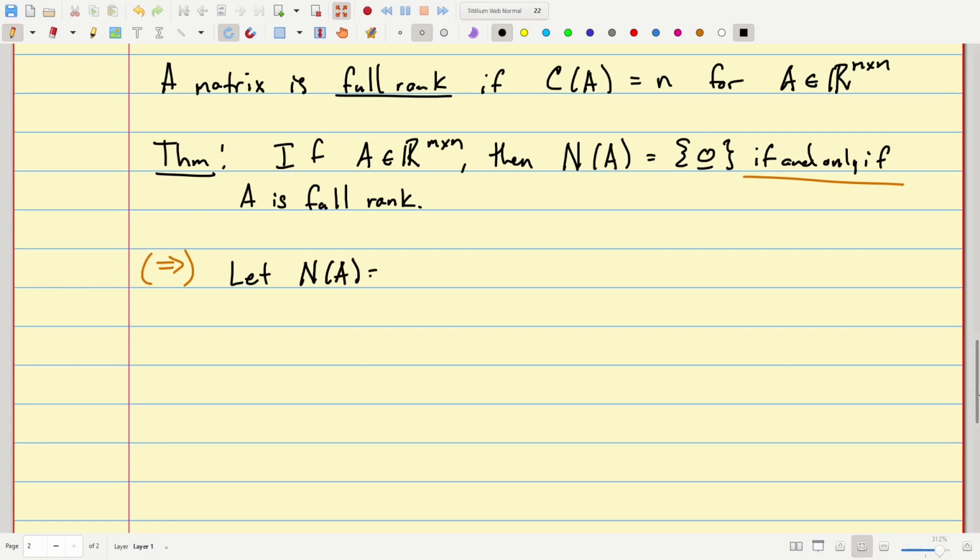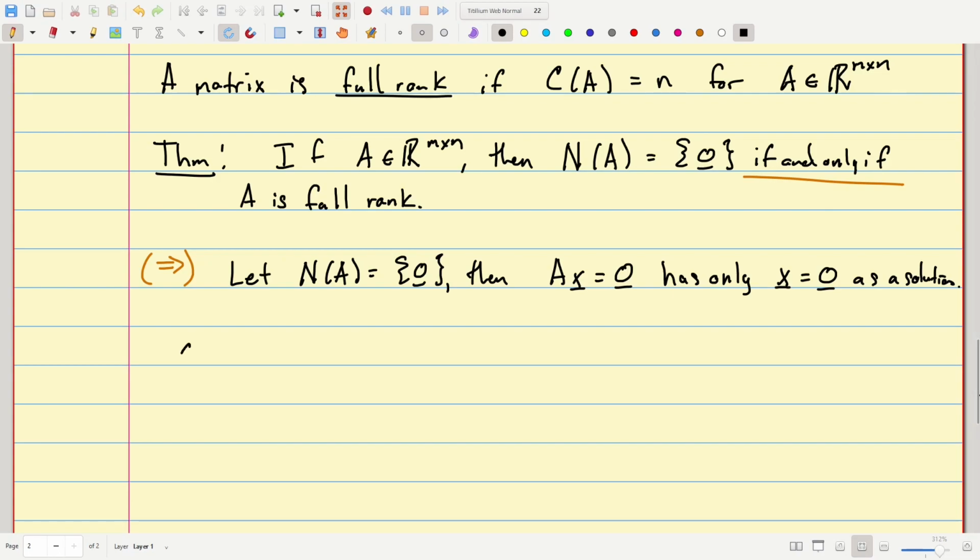Let the null space of A be the zero vector. Then the only solution of the homogeneous system is x equals 0.